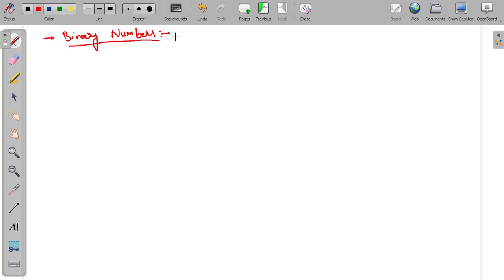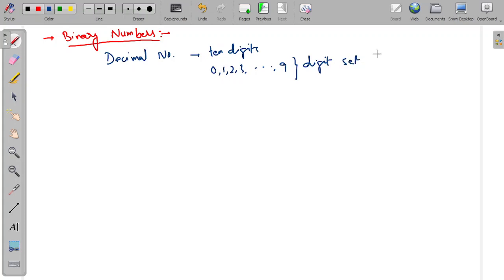We know about decimal numbers, so let's first discuss decimal numbers. It has 10 digits, as all of us would agree, and the digits are 0, 1, 2, 3 up to 9. This is called its digit set.